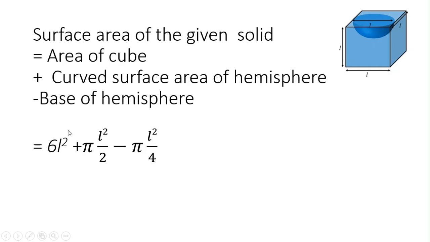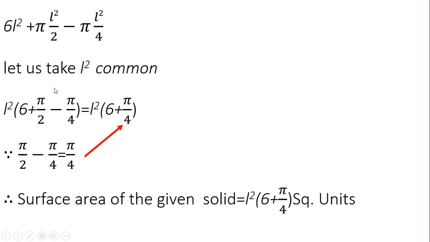So the area of the cube is 6L square, plus the curved surface area of the hemisphere, pi into L square by 2, minus the base area of the hemisphere, pi into L square by 4. After simplification, how does it become? We have taken L square as common, because in all the terms we have L square.